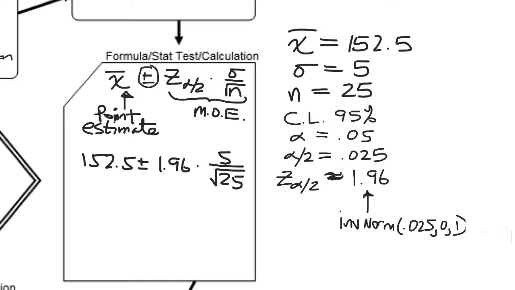Right, so we're looking at 150.54 less than or equal to mu, less than or equal to 154.46 is what it would round to.